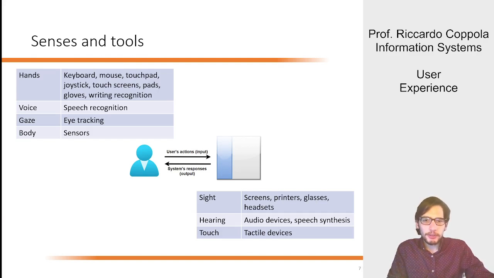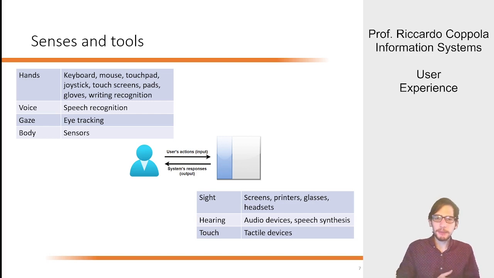And so, if we talk about inputs, we can use different parts of the body. We can use different systems to collect the user's input. So if we want to gather the input from the user by his hands, we can consider the use of keyboards, mouses, touchpads, and a plethora of different devices that have been available for a lot of time.